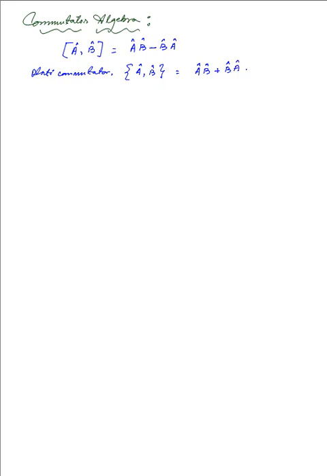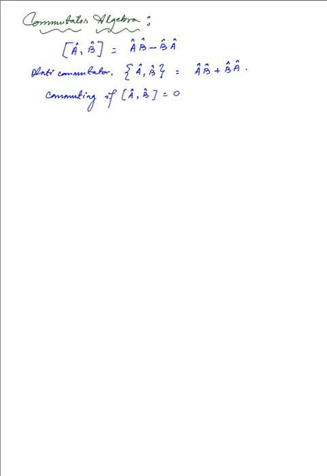Now two operators are said to commute if their commutator is equal to 0. So they are commuting if we have A, B equal to 0.